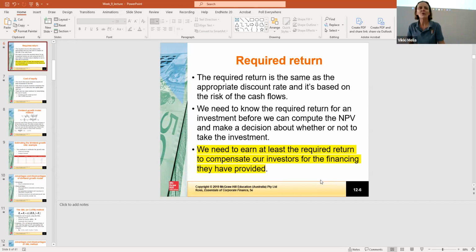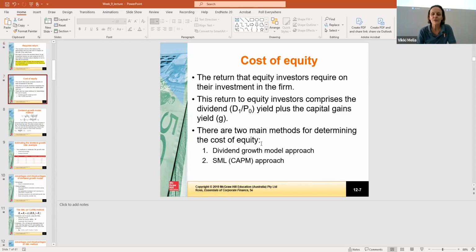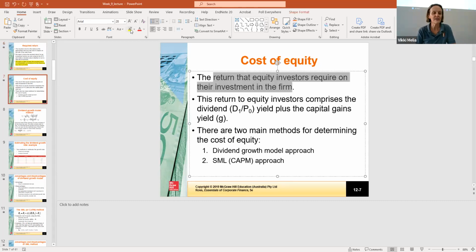From the shareholders' point of view, what's it called? The return. So the company's cost of equity is the shareholders' required rate of return. The cost of equity is the return that investors need or require to invest in the company.